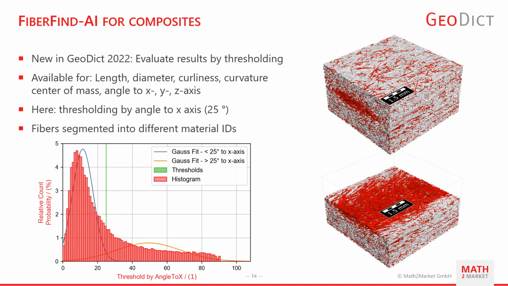And now if we apply a threshold of, in this case, 25 degrees, we can see on the right, the fibers in red are the fibers that have an angle bigger than 25 degrees to the x-axis, and the fibers in white are the fibers that have an angle smaller than 25 degrees.